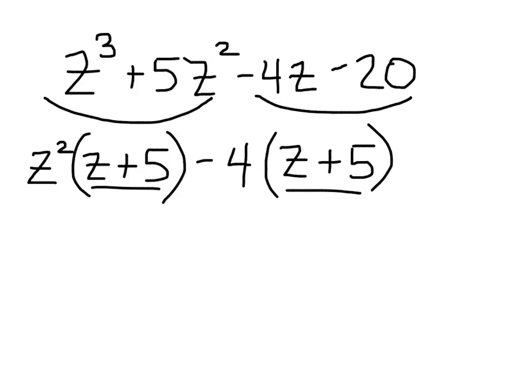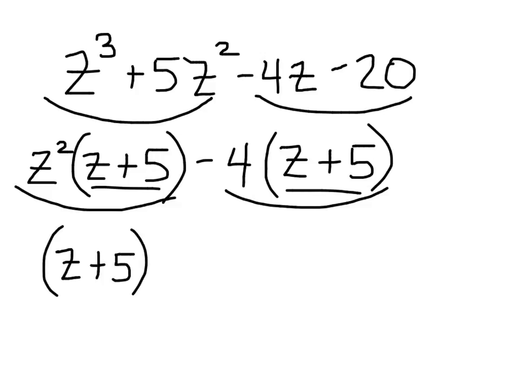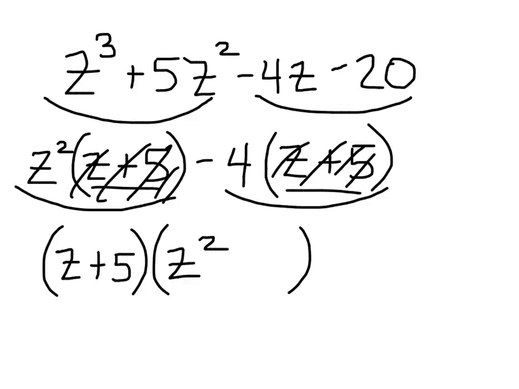Now, this is still one group and this is still one group. What do they share in common? What was in the parentheses, right? Z plus 5. In another set of parentheses, if I take them out, what's left over? Z squared minus 4.